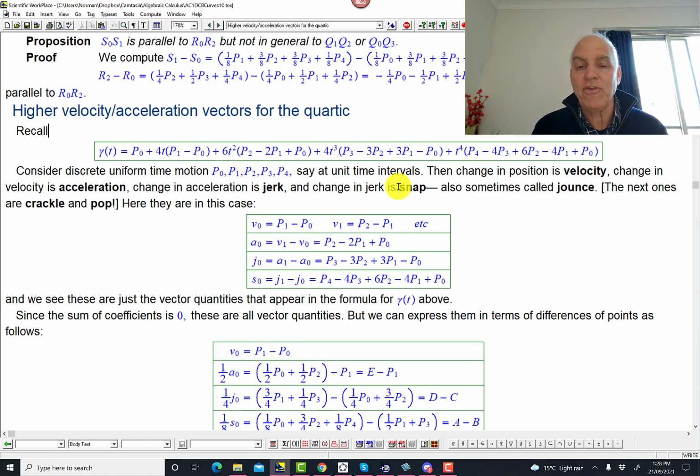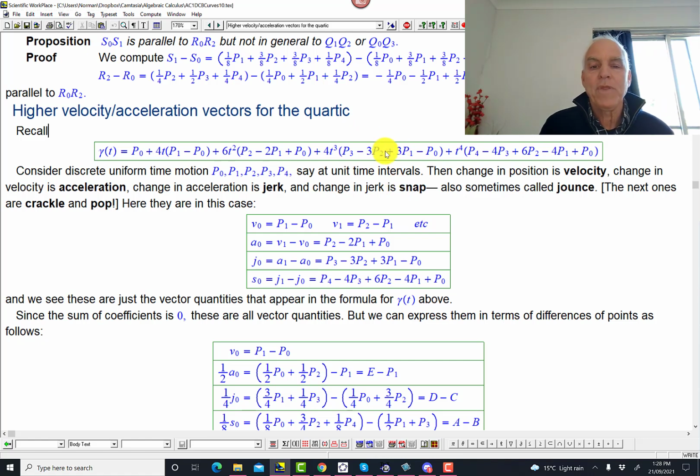But for us, with this quartic situation, we're only going to go up to snap. So let's actually have a look to see what these things look like. All right, so we're going just around the Casteljau Bezier polygon at unit time interval.